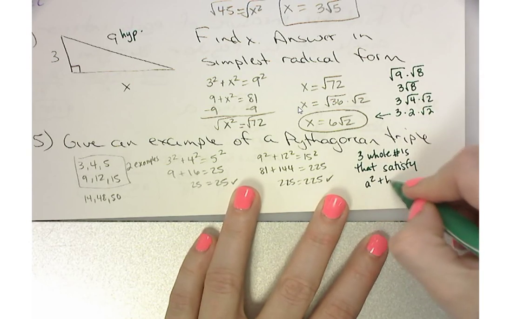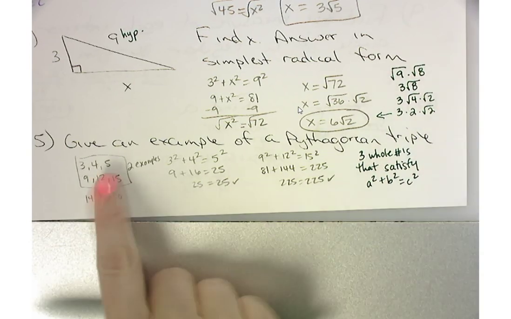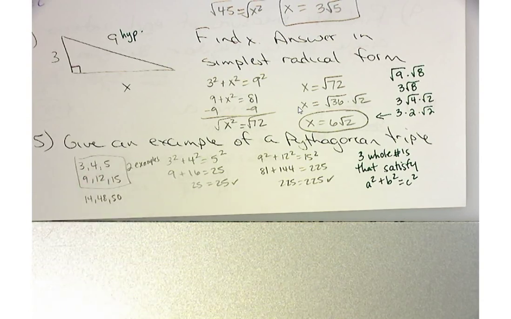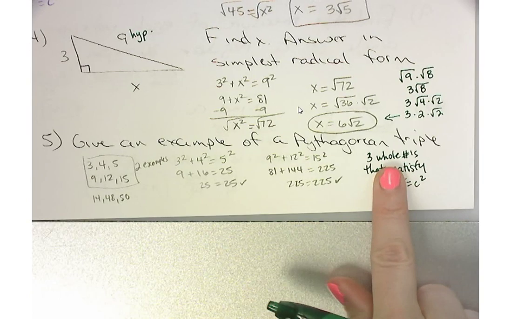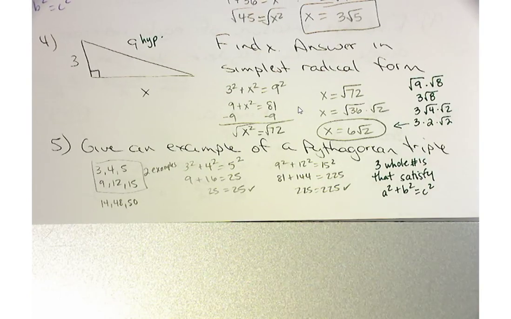For 6, a lot of you, I had you go back and write down your rules for these. So this might be a good thing to put on your note card. For 45, 45, 90, the hypotenuse is equal to the leg times the square root of 2. For this one, you were given the hypotenuse. So when you plug that into your equation, you have to solve for x.